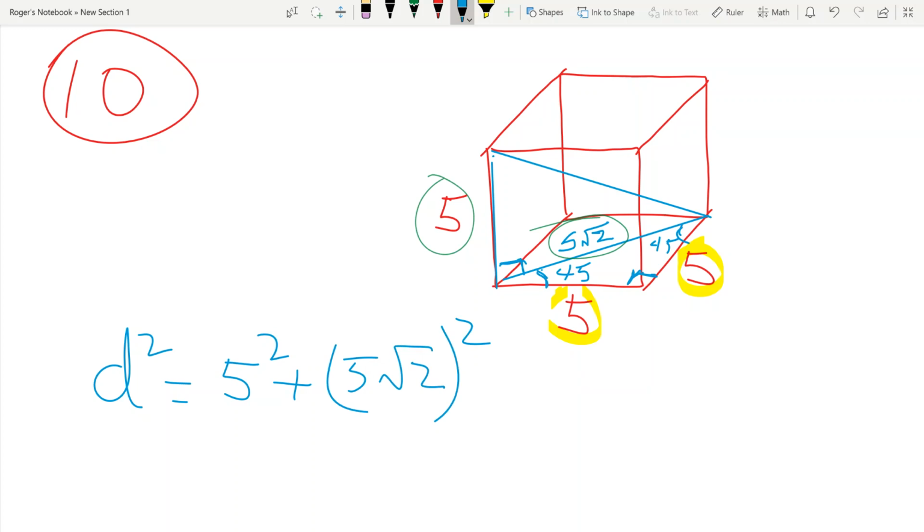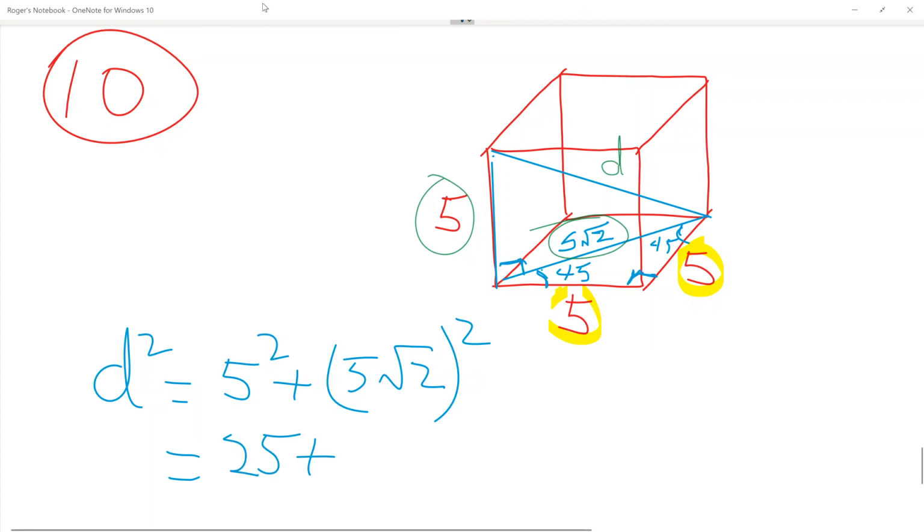D is our diagonal, so D squared is going to be equal to 5 squared plus 5 square roots of 2 squared. So we go ahead and work this out. 25 plus this squared is 25 times 2, or 50.